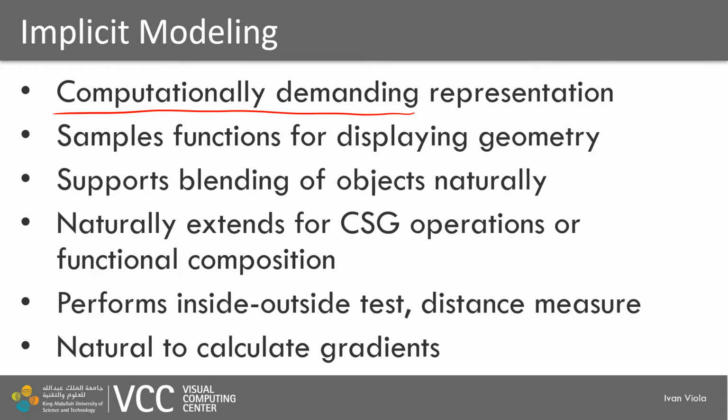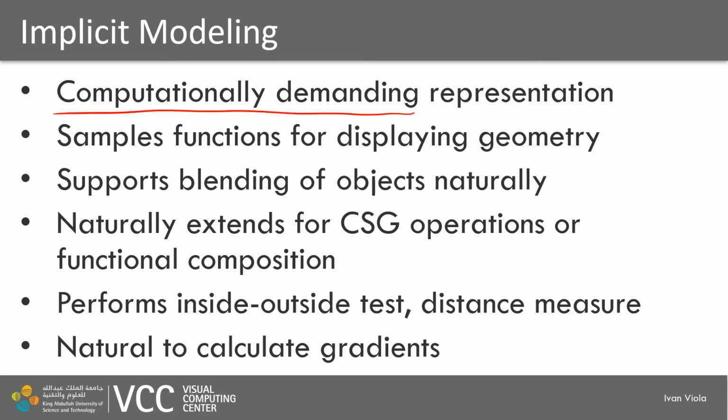We can extend the CSG operations, constructive solid geometry operations, for the implicit modeling very straightforwardly. As we have a functional evaluation everywhere in the space, we can easily define whether we are inside or outside of an object, which might be very beneficial for particular applications.